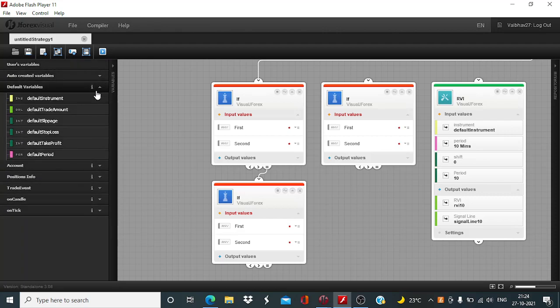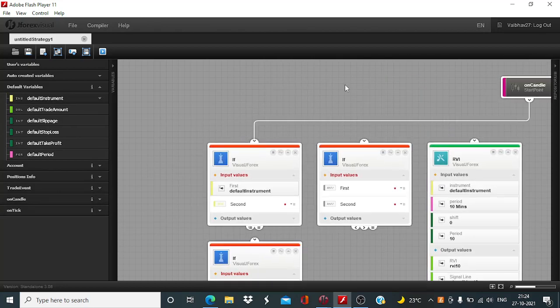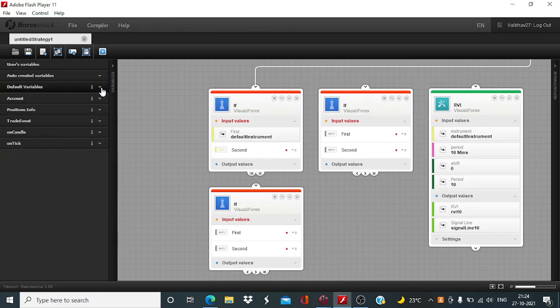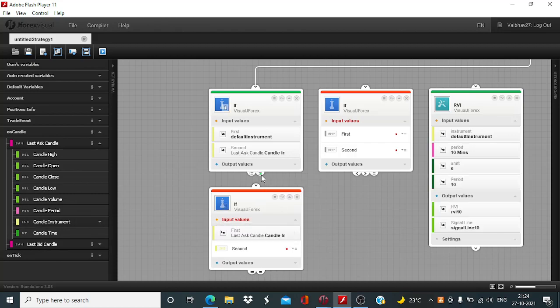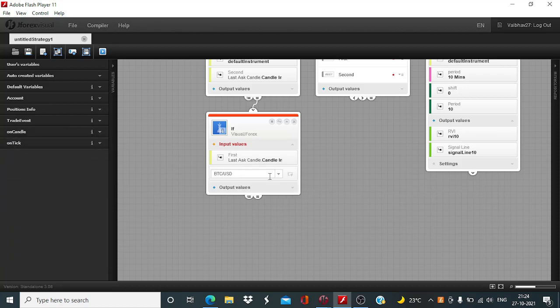Default variables, we have to add instrument, then match it with the candle instrument as we are using on candle as our start point. Candle instrument should match the instrument of choice, which is again Euro USD.